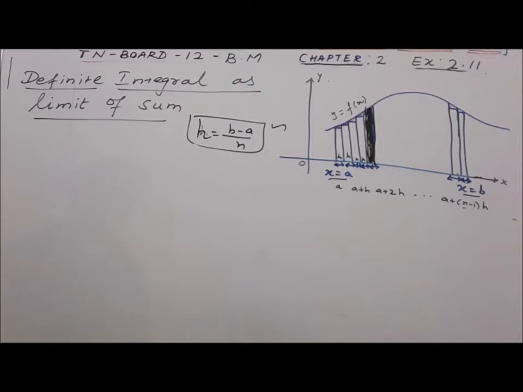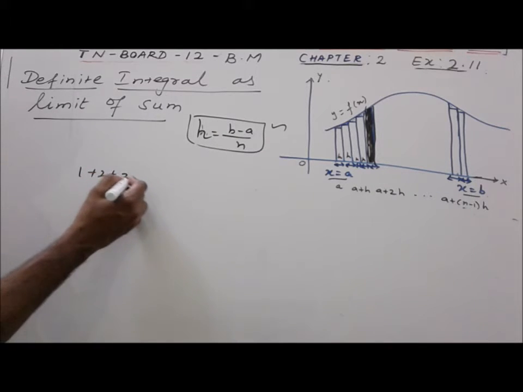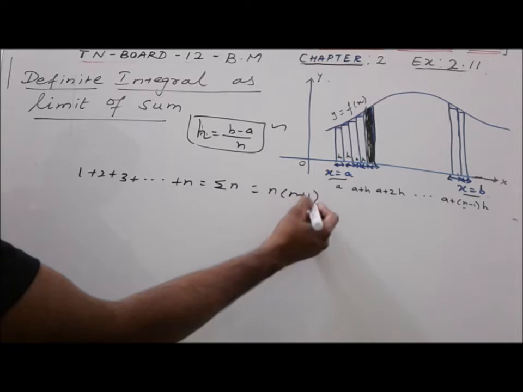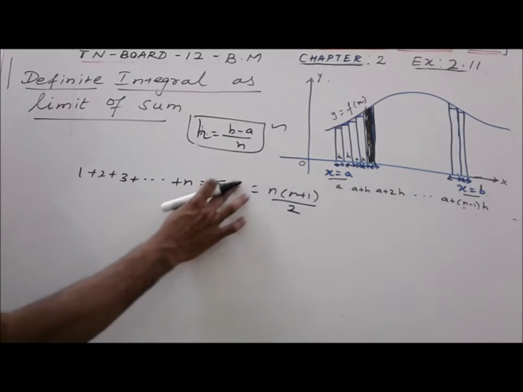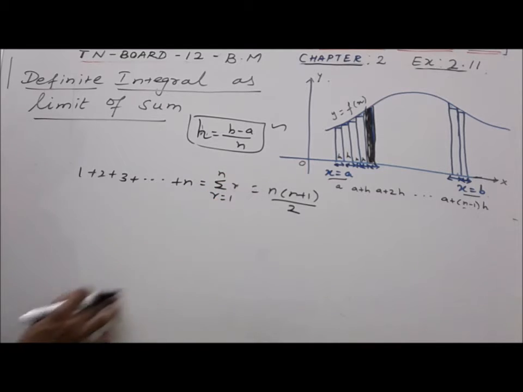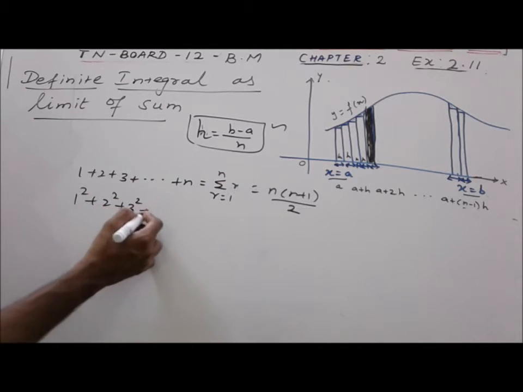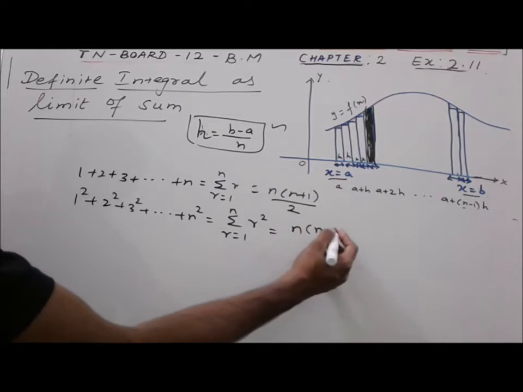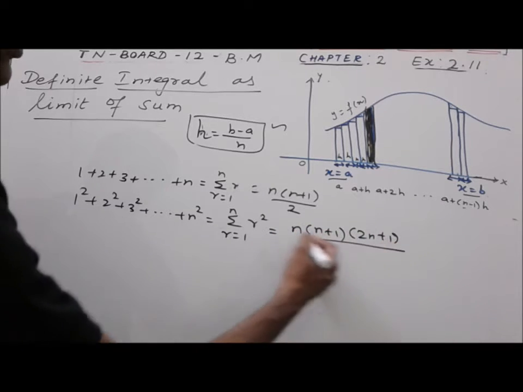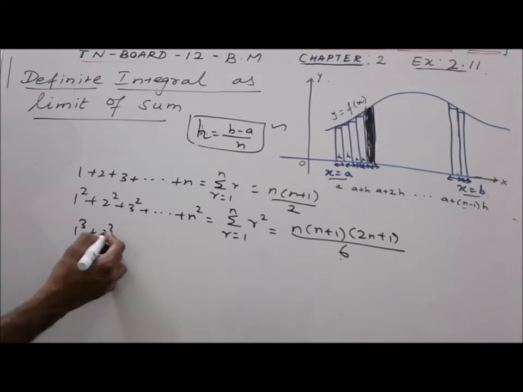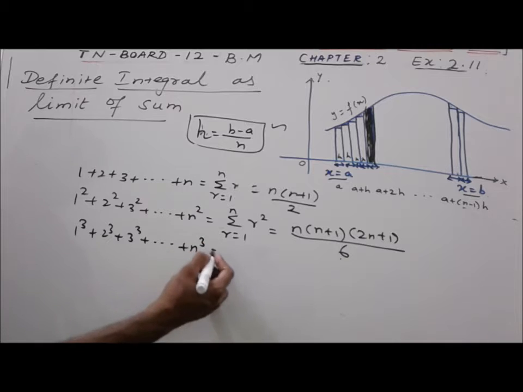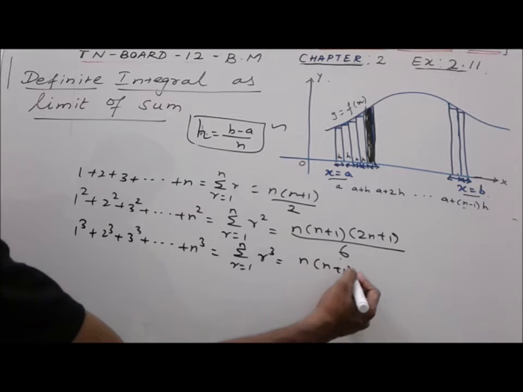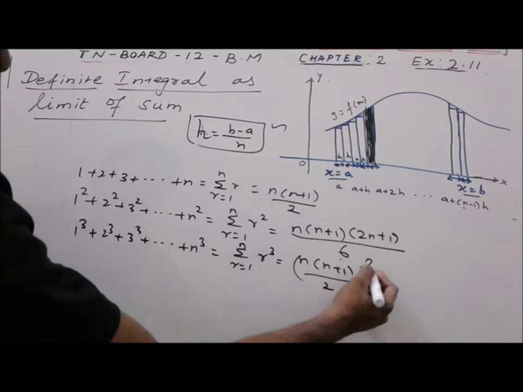And we have three more additional formulas. 1 plus 2 plus 3 plus and so on up to n, the sum of n, is equal to n into (n plus 1) by 2, or you can write it as the sum of r from 1 to n of r. 1 square plus 2 square plus 3 square and so on up to n square, the sum of r square, is equal to n into (n plus 1) into (2n plus 1) divided by 6. 1 cube plus 2 cube plus 3 cube and so on up to n cube, the sum of r cube, is equal to [n into (n plus 1) divided by 2] whole square.